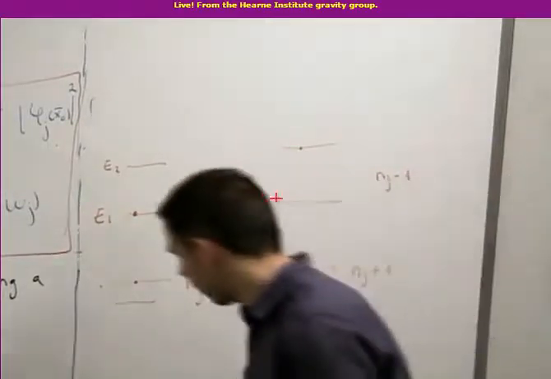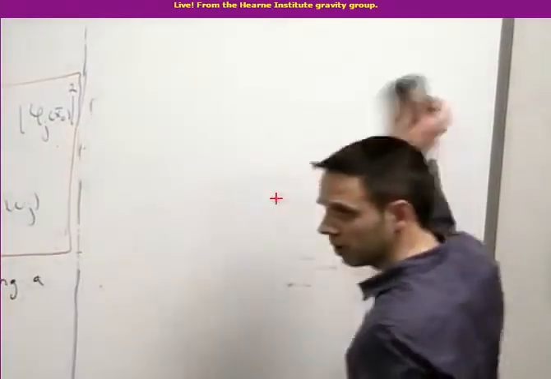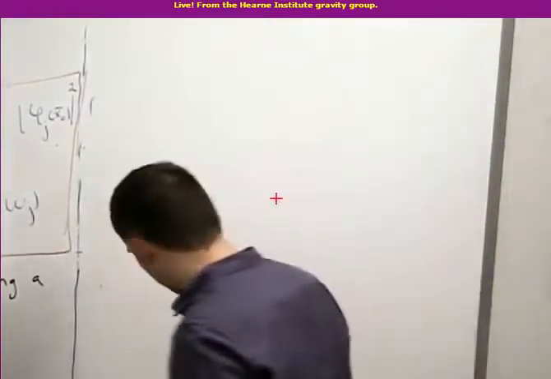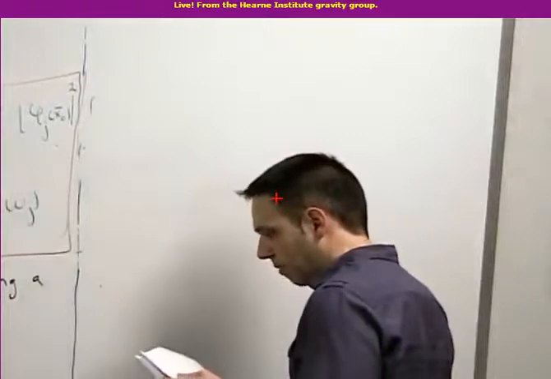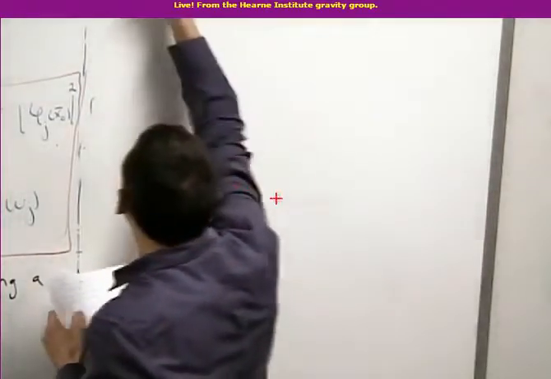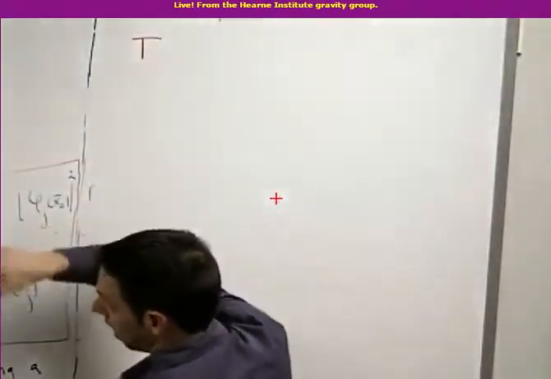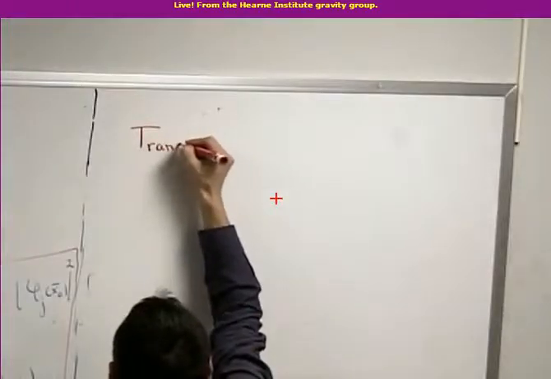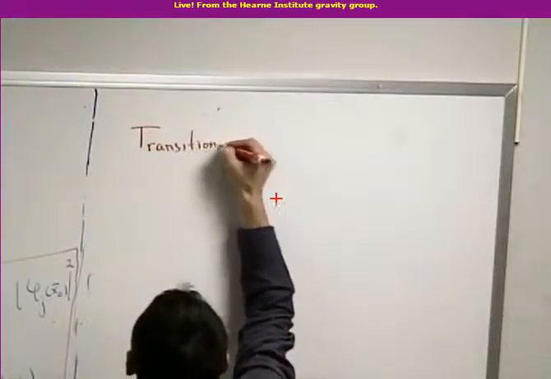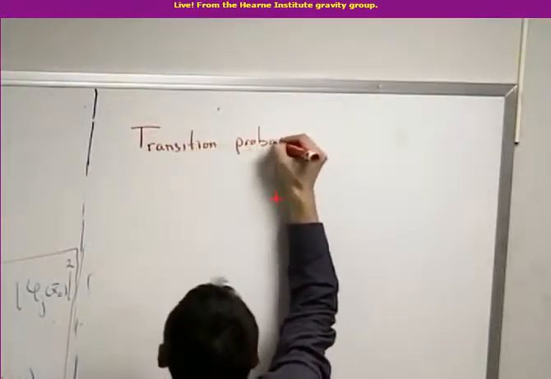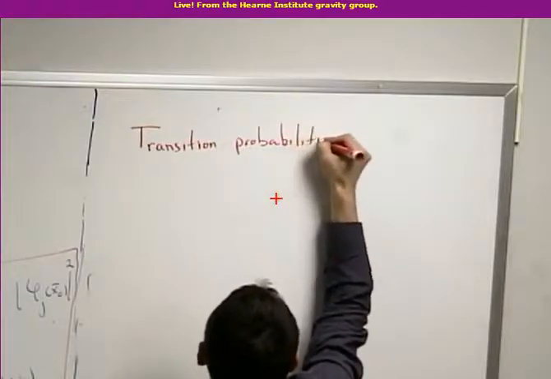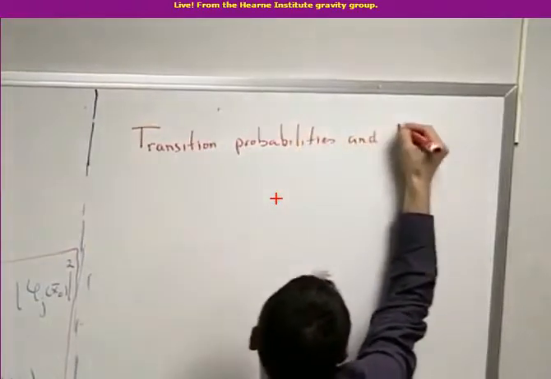So just to finish this chapter and give you some demonstration, let me finish with a subsection called transition probabilities, which is what we have described, and the 2-point function.